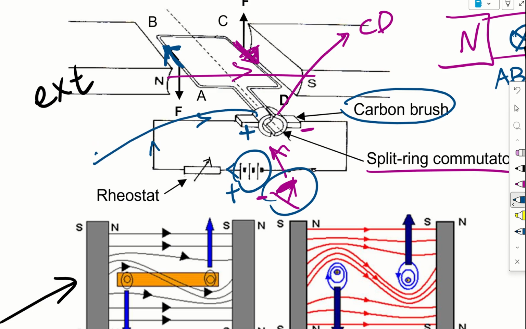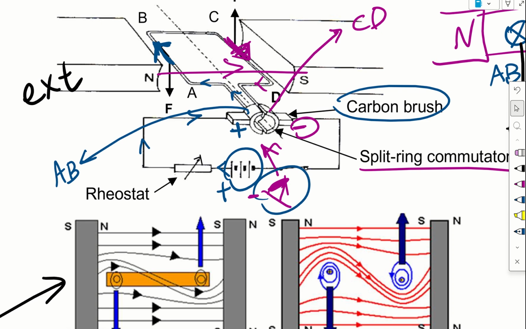So this is the split ring commutator of AB. Right now, the split ring commutator of AB touches the carbon brush. That is why the current flows inwards towards AB. And right now, the split ring commutator of CD touches the negative carbon brush. That is why the current comes out from there.